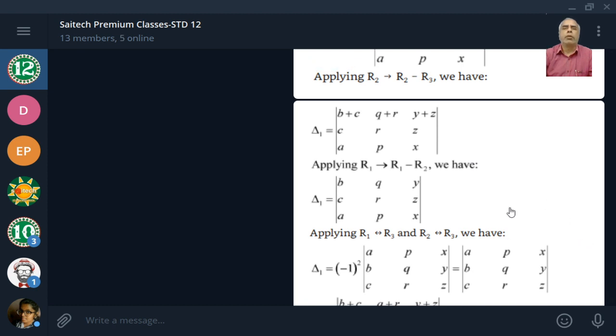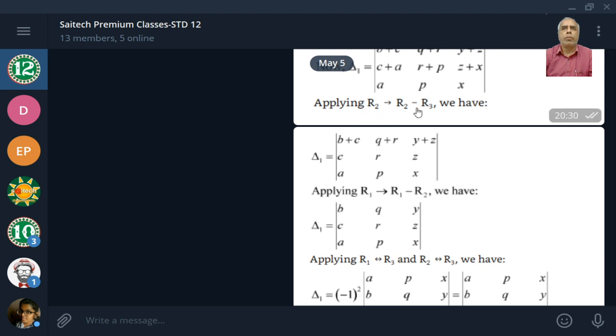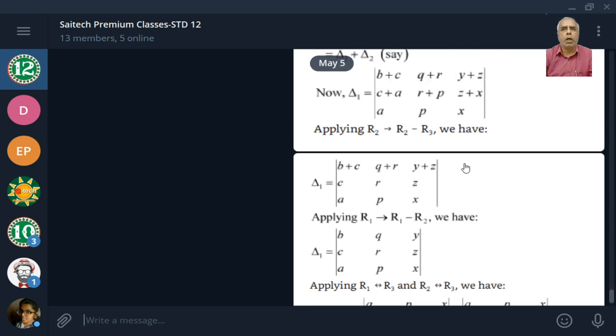In the second frame you can see, after the transformation R2 becoming R2 minus R3, determinant 1 has become what? B plus C, Q plus R, Y plus Z, and you now have C, R, Z only, and A, P, X. Similarly, you have to do R1 minus R2.